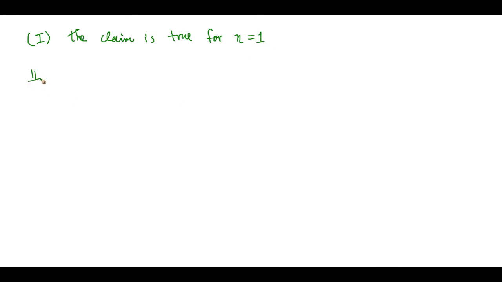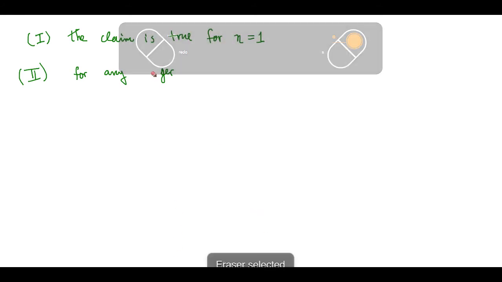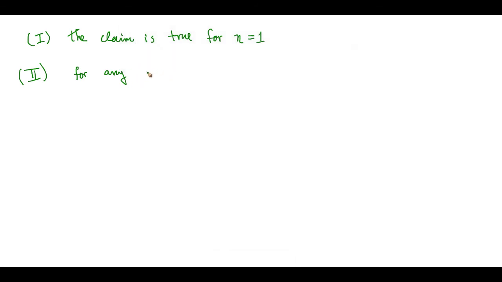And in the second part, and this is the trickier one, we can say that for any positive integer, k, if the claim is true for k, it must also be true for k plus 1.